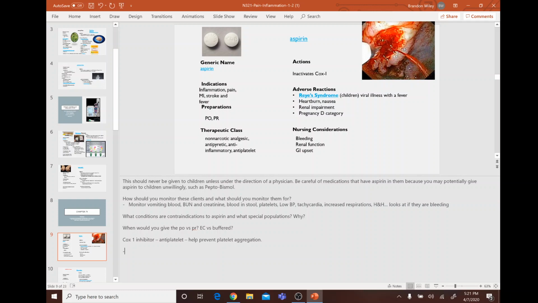Reye's syndrome in children, which is a viral illness with a fever, heartburn, nausea, renal impairment, pregnancy category D. What are the nursing considerations of aspirin? Bleeding, renal upset, and GI upset.